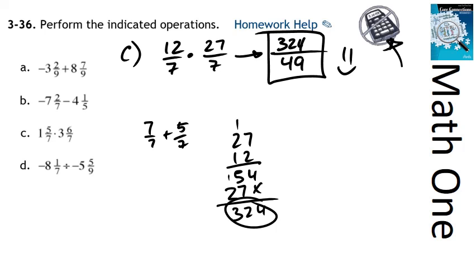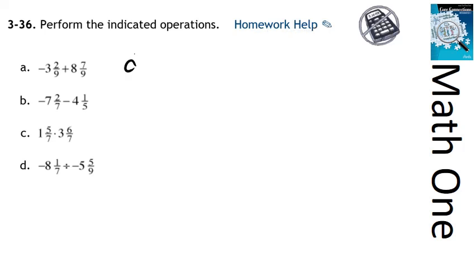The last question on this page is D, and we've got this -8 1/7, and we need to divide that by this -5 5/9. Again, it is a negative divided by a negative, so I know my result will be positive, but I desperately need to get rid of the improper fractions. So 7 times 8 is what, 56?